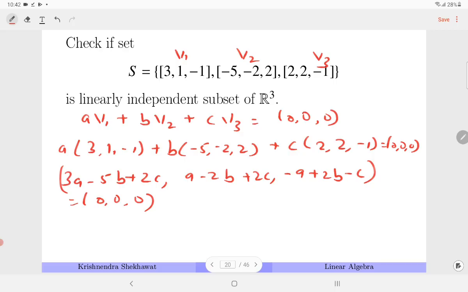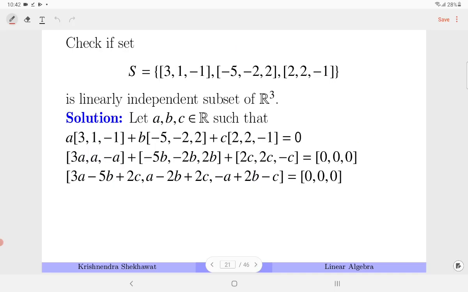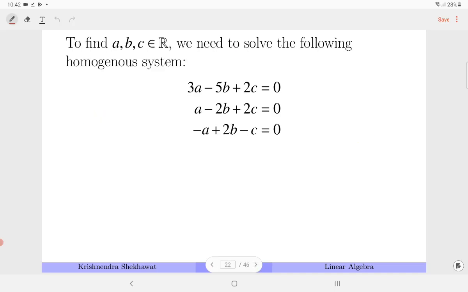If you equate each entry one by one, then you will get three equations. The three equations look like this: 3a minus 5b plus 2c is equal to 0, a minus 2b plus 2c is equal to 0, minus a plus 2b minus c is equal to 0. And now recall the system of equations. This is actually a homogeneous system of equations where the variables are a, b and c.